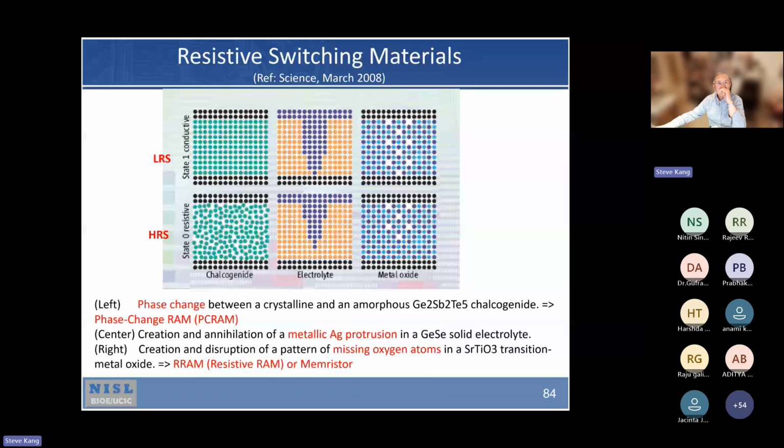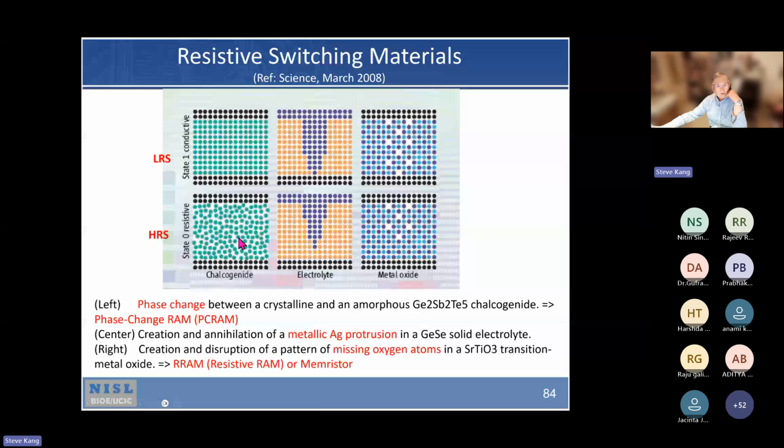So in terms of resistive switching materials, you have a different material system in this particular illustration. Chalcogenide, when it is very well arranged here, it's called state 1. It's a low resistance state.